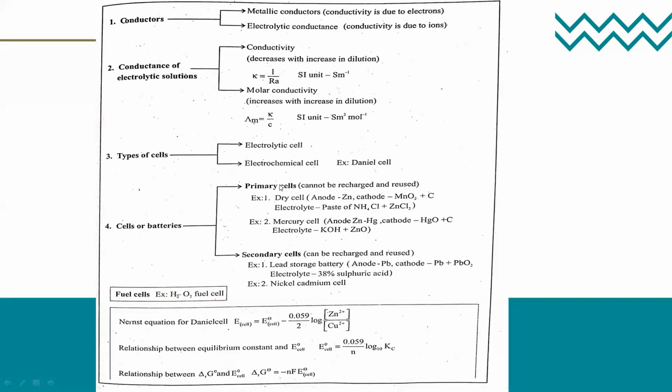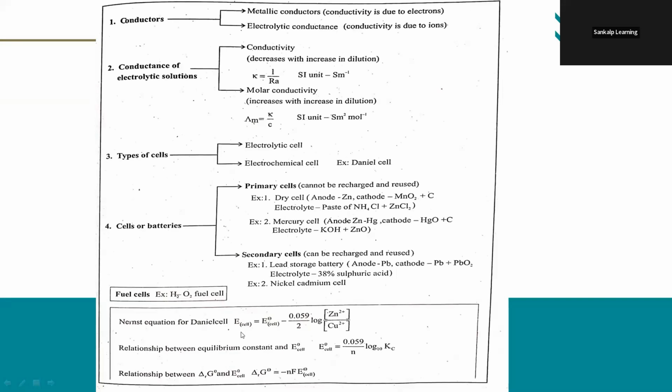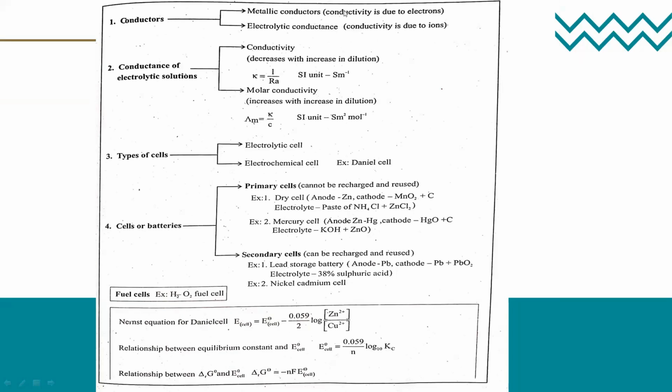Metallic conductors allow the passage of electricity through them, but without undergoing any chemical change. So electricity can be passed through these metallic substances.